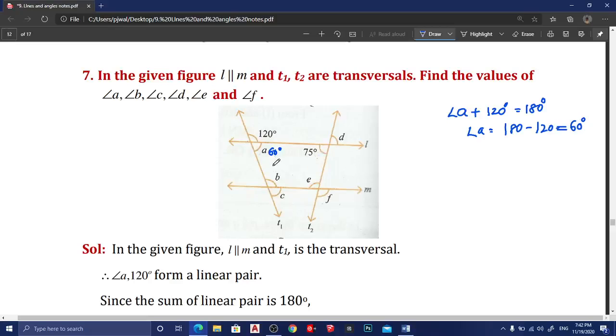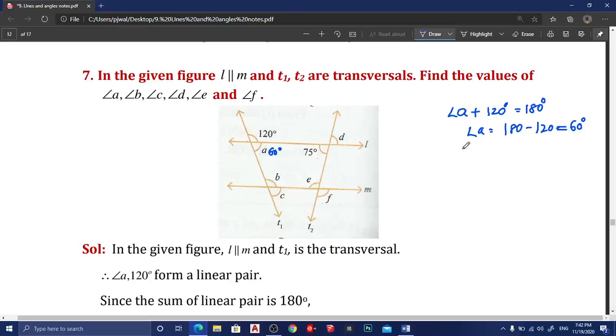By taking these two angles, they are co-interior angles to each other because these two lines L and M are parallel and this is a transversal. So now angle A and angle B will become the co-interior angles.